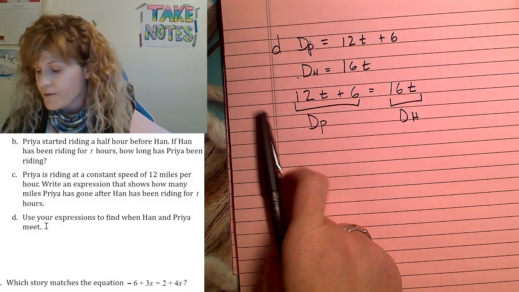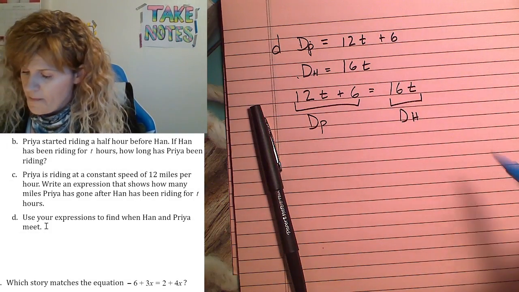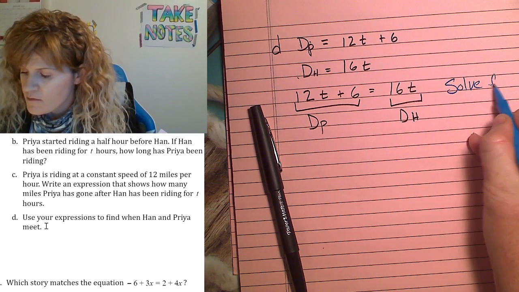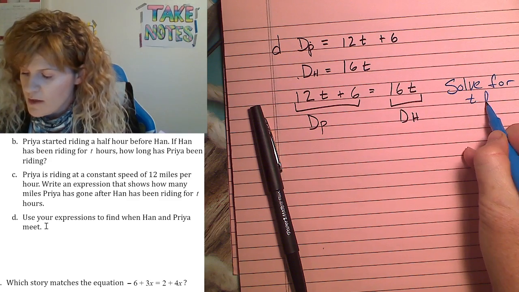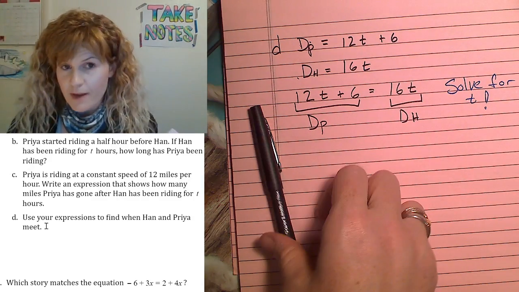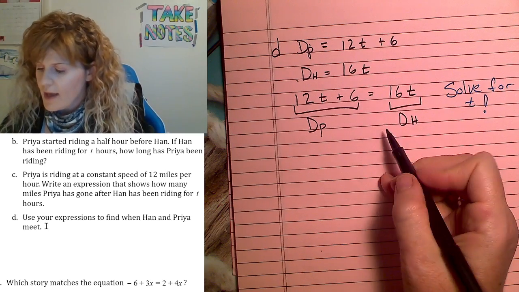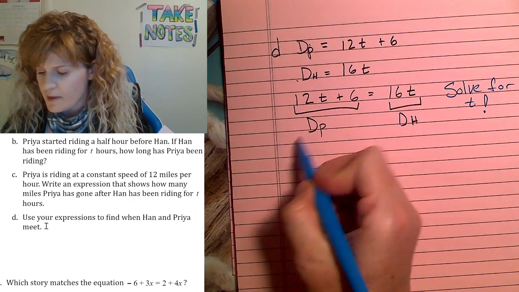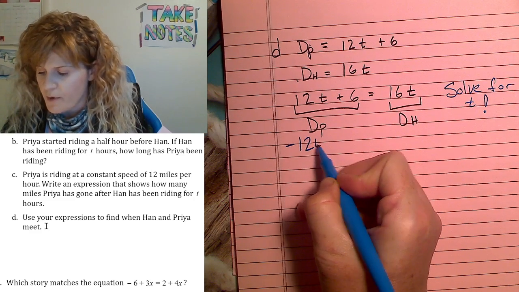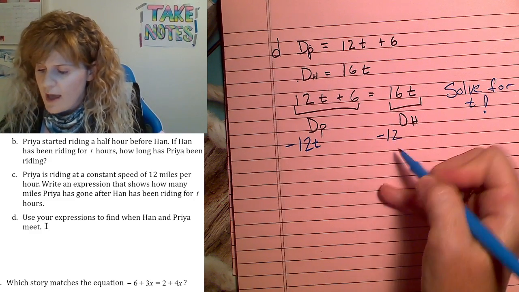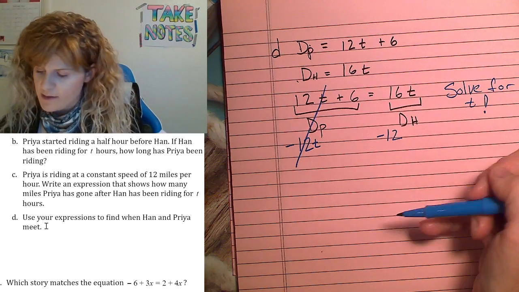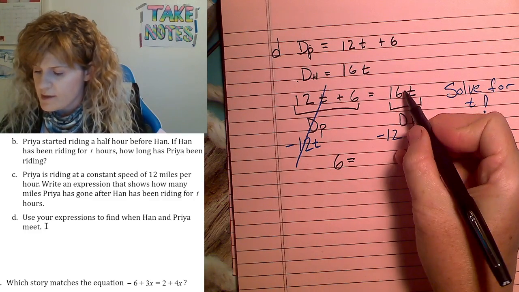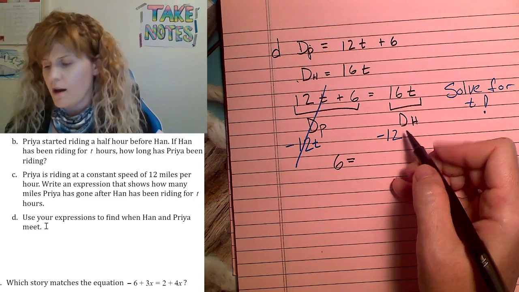Now, solve for t. They're not time travelers, so you know they're both there at the same time. Okay, how do we solve for t? We need to combine like terms, so I'm going to subtract 12t from both sides of the equation. And when I do, this 12t cancels out, and then I get 6 equals 16t minus 12t, 4t.